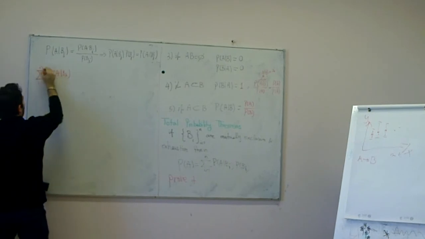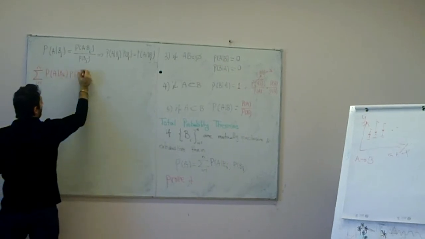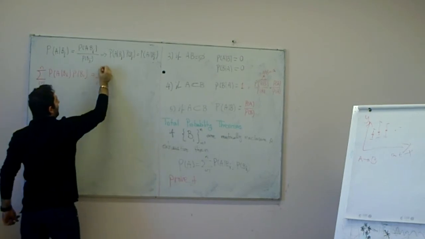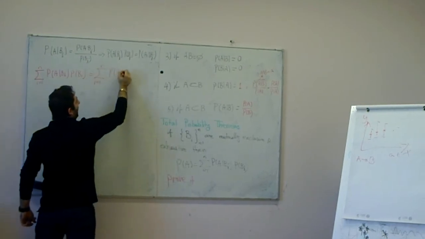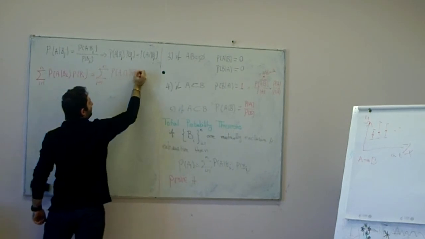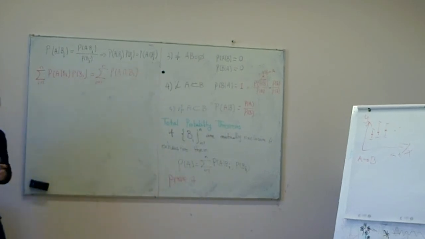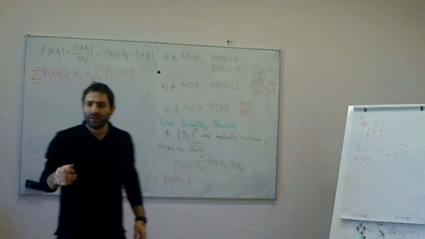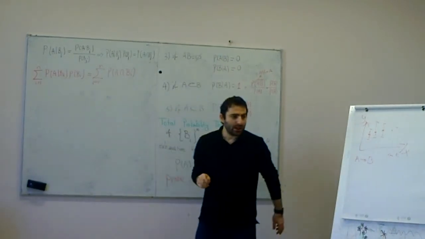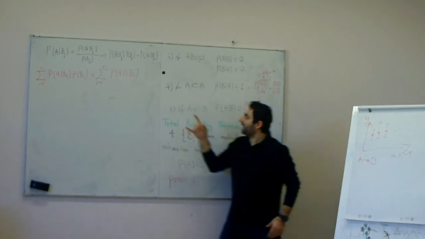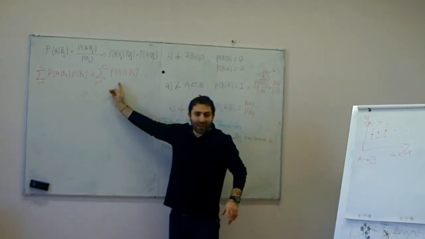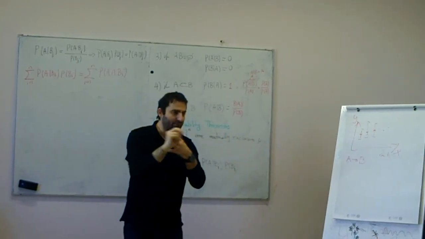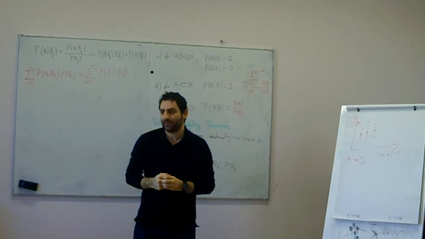The summation i from 1 to n of P(A given Bi) multiplied by P(Bi) is equal to the summation i from 1 till n of P(A intersected with Bi). Now, the Bi's are mutually exclusive, right? So it means that if I am intersecting A with these Bi, the results will also be mutually exclusive, right?